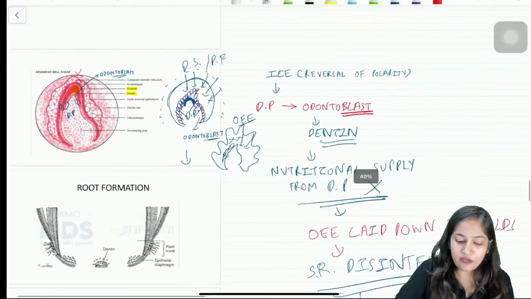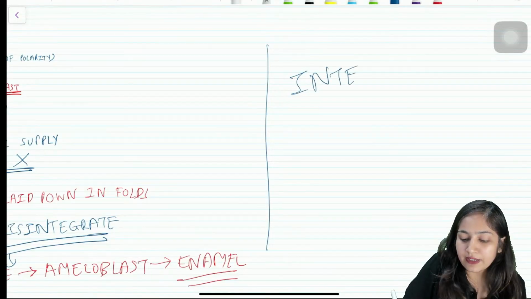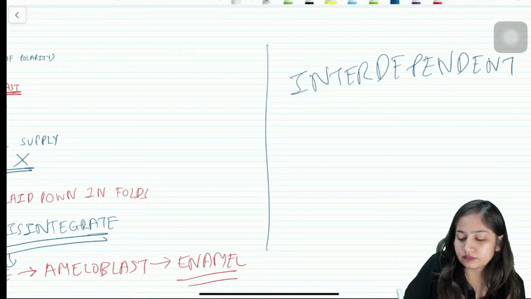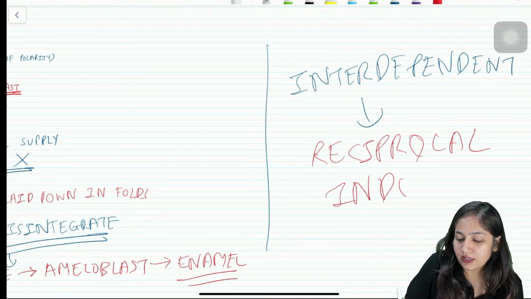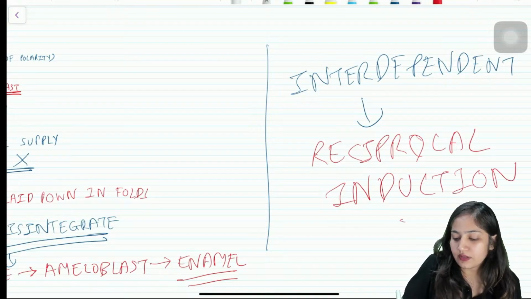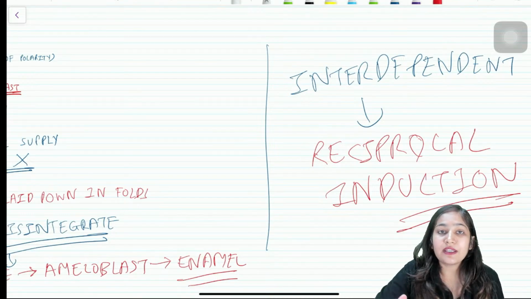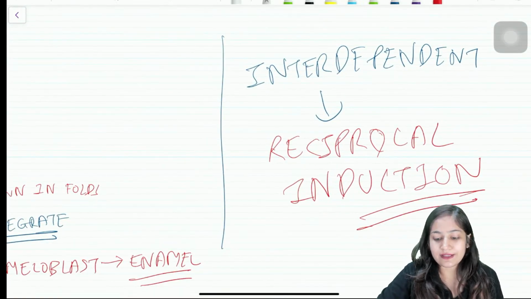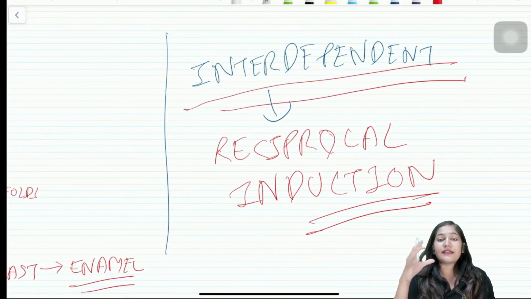So this formation of dentine and enamel is interdependent, and it is known as reciprocal induction. Same as our relation, right? Your dedication, your efforts and our guidance lead to your success, right? So this is reciprocal induction.